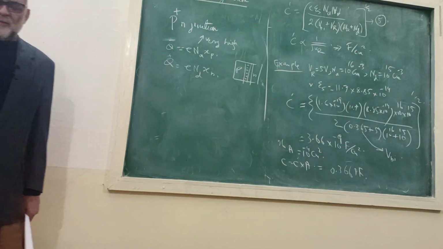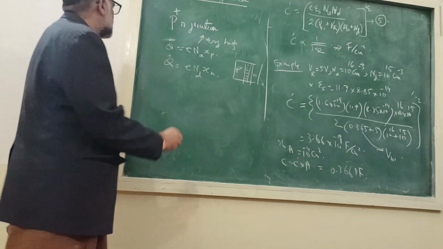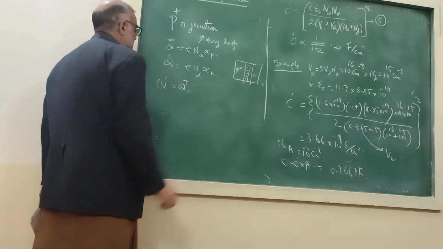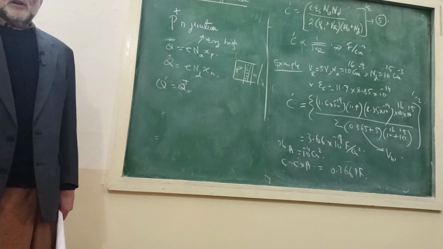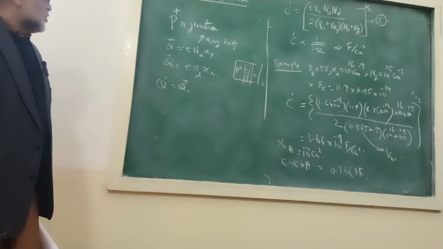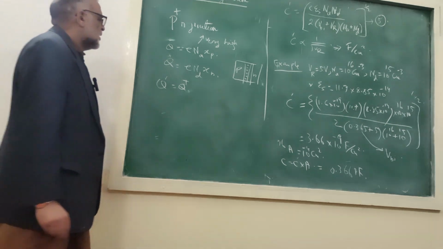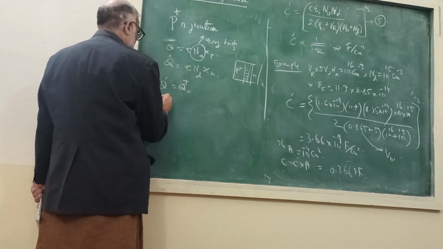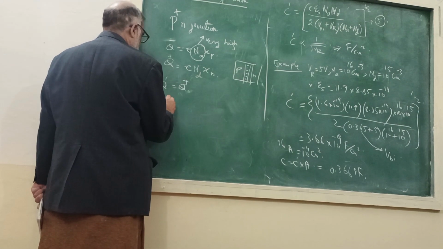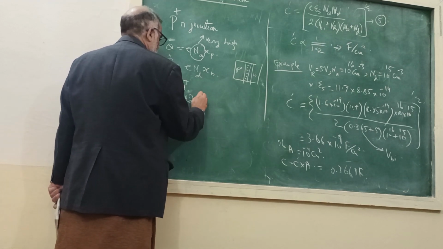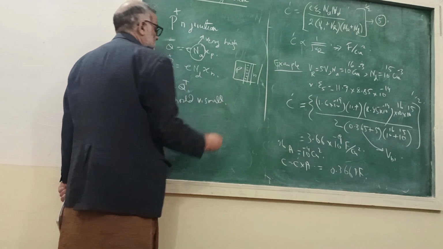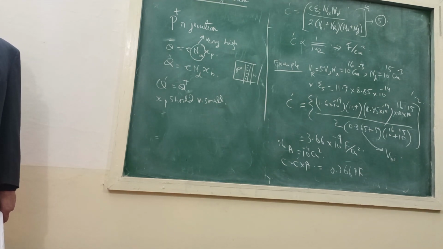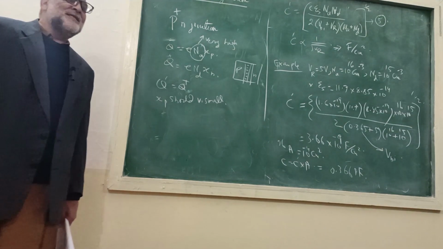Look, for a capacitor, both the charges should be equal to each other. So XP should be very small. When XP is very small as compared with the XN, we call it a one-sided junction.